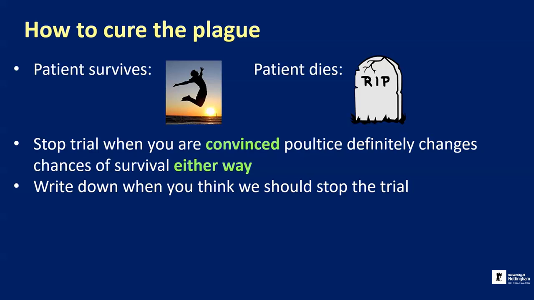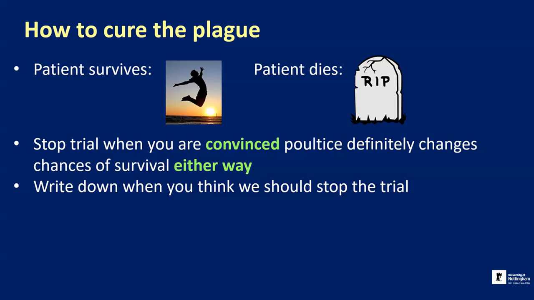So all possibilities are on the table. We're looking at patients who have a 50% chance of dying normally, and I want you to see the outcomes and decide, after so many patients, whether we've got enough evidence to say the poultice definitely reduces the chance of death, or increases the chance of death, or definitely has no effect.